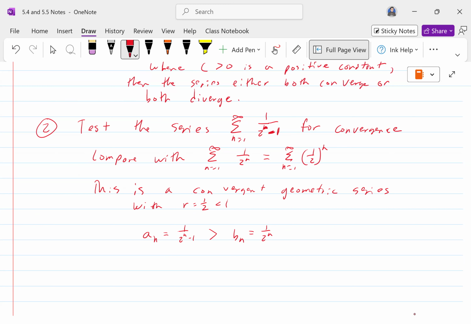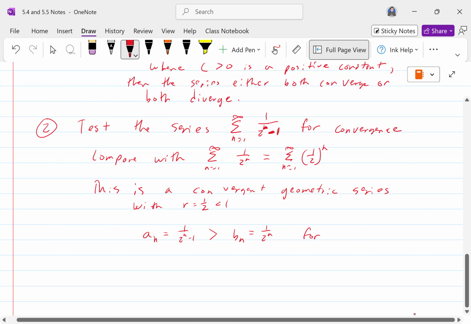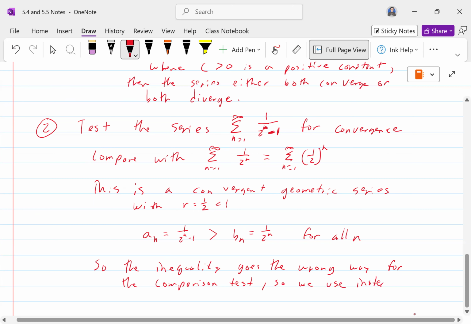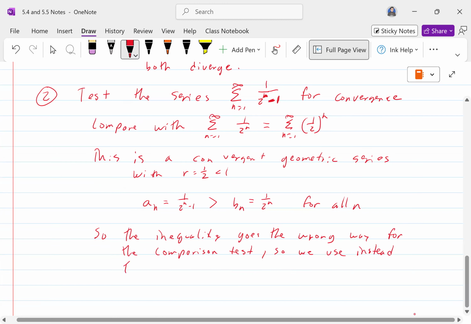So the inequality goes the wrong way for the comparison test, so we use instead the limit comparison test.